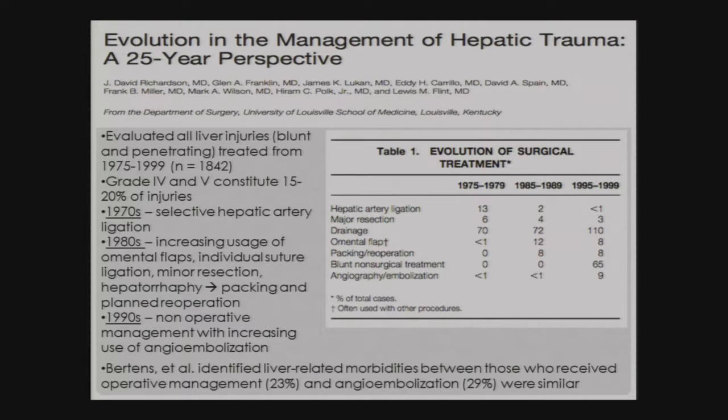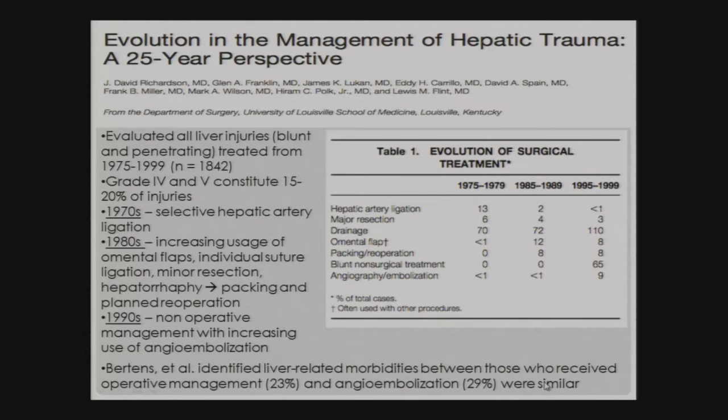And then another study I thought to include here at the end was that liver-related morbidities between those who received operative management and angioembolization were similar and actually even a little higher in angioembolization.